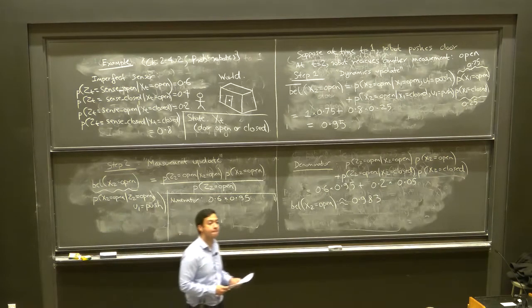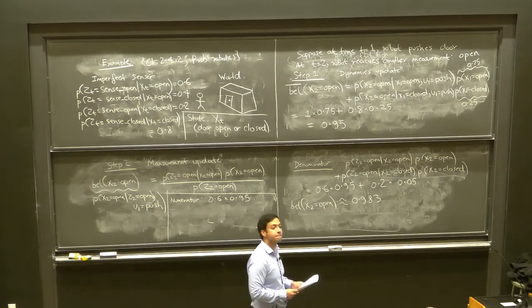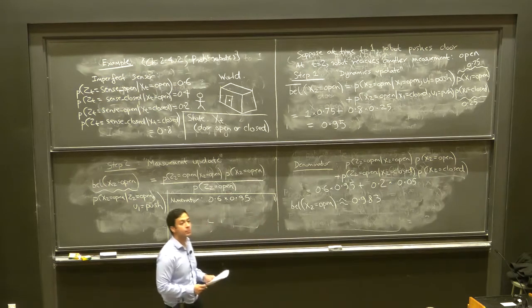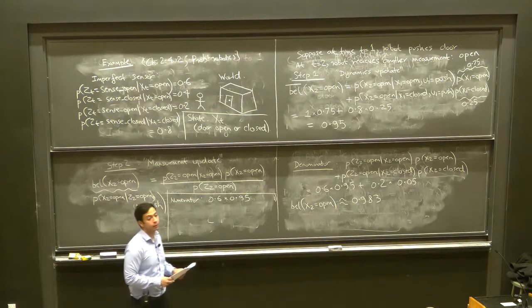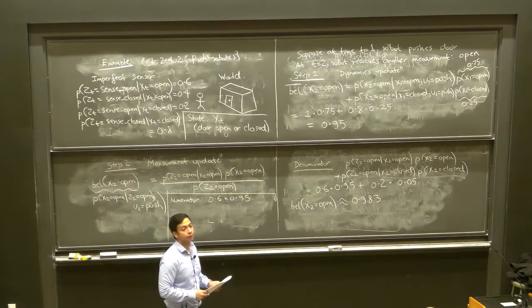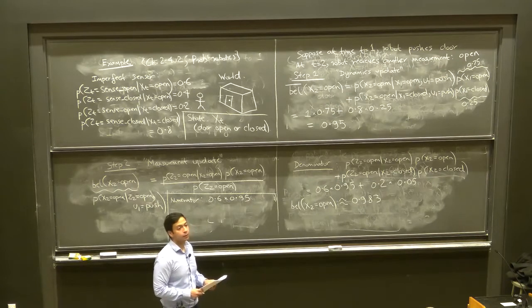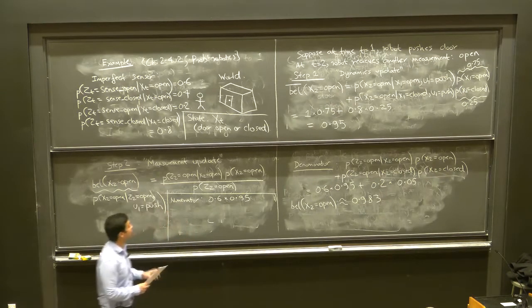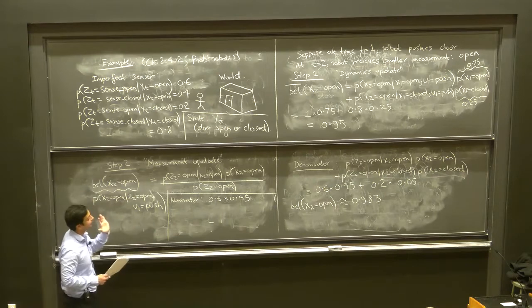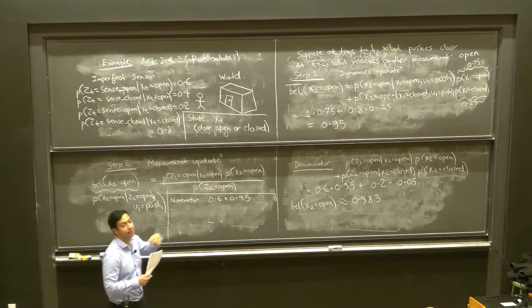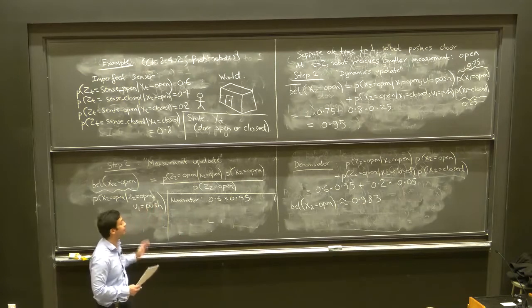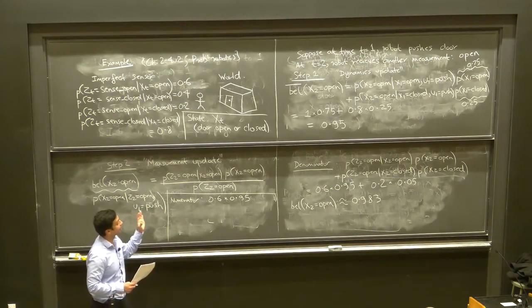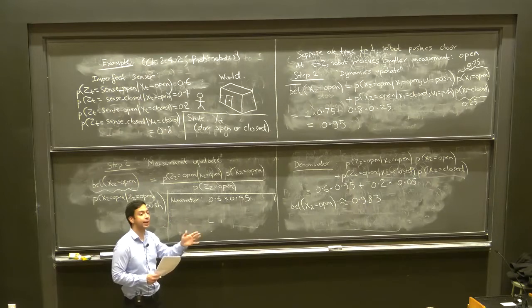In practice, it seems like this measurement update can be done multiple times because I assume that sensor measurements can come at a higher frequency than actions. You can just do a measurement update as many times as you want prior to the next update. Yeah, so right now we were assuming that the dynamics update and the sensor measurement updates happen concurrently, simultaneously, and the robot is taking actions at every time step.